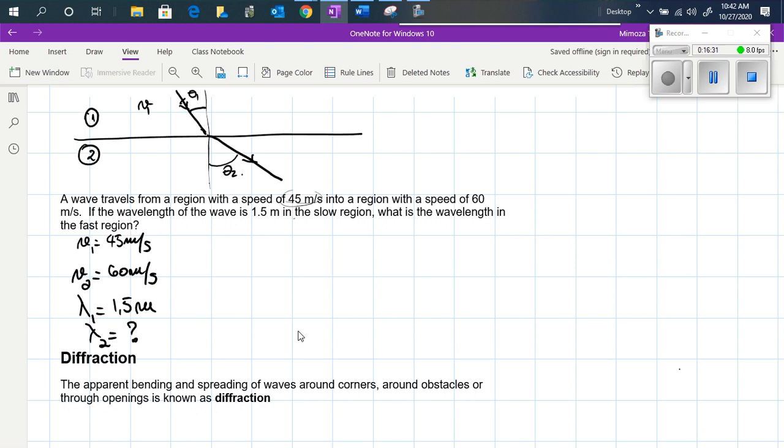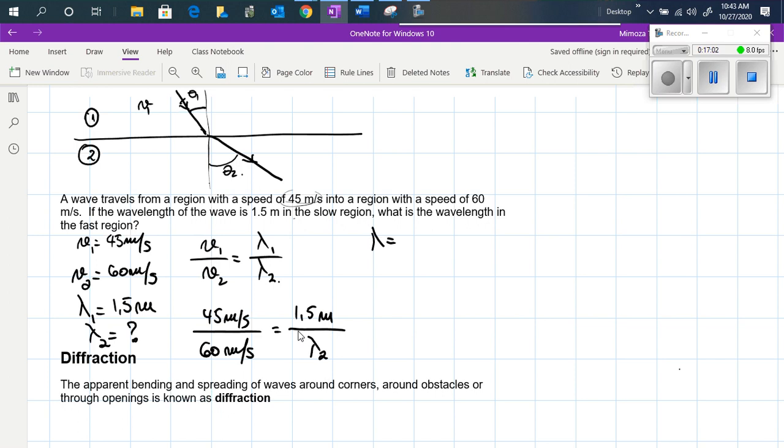So we'll use Snell's law, which says V1 over V2 is equal to lambda 1 over lambda 2. We will omit the sine part here because no information is given and they are not asking us for anything. So then we'll have 45 meters per second over 60 meters per second is equal to 1.5 meters over lambda 2.